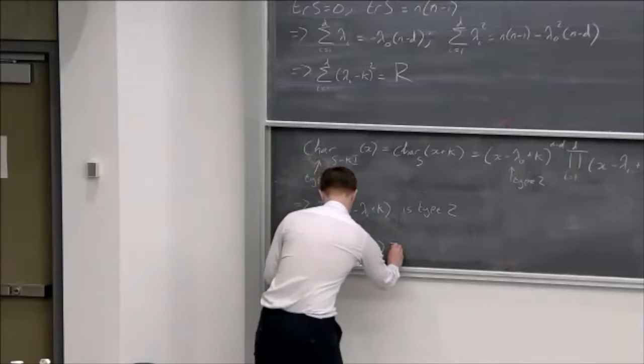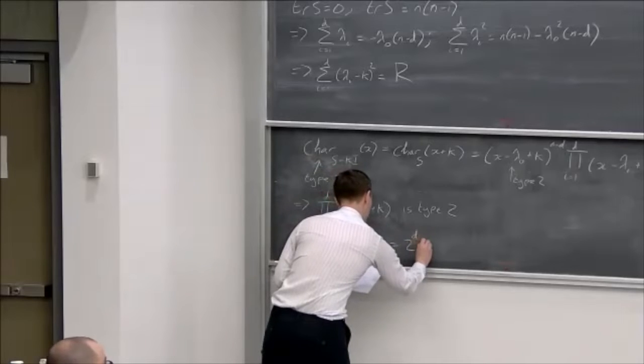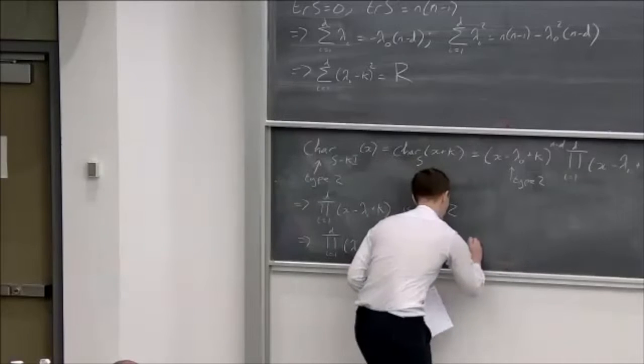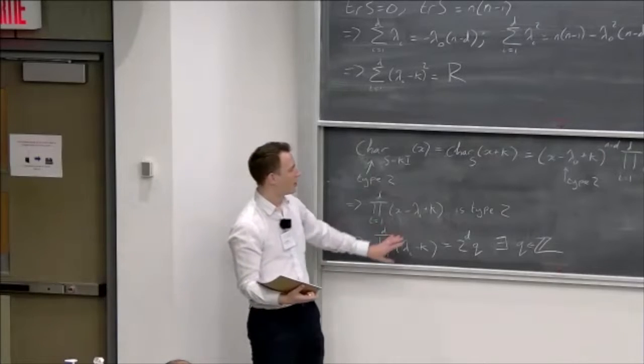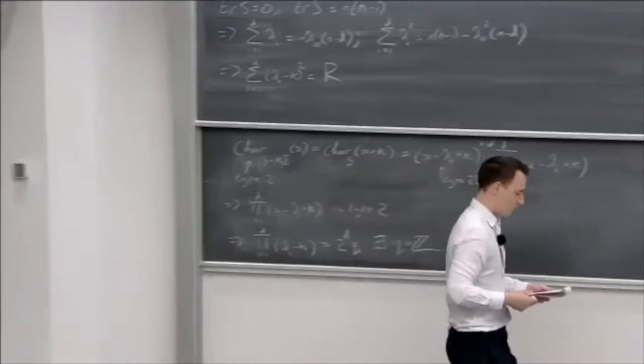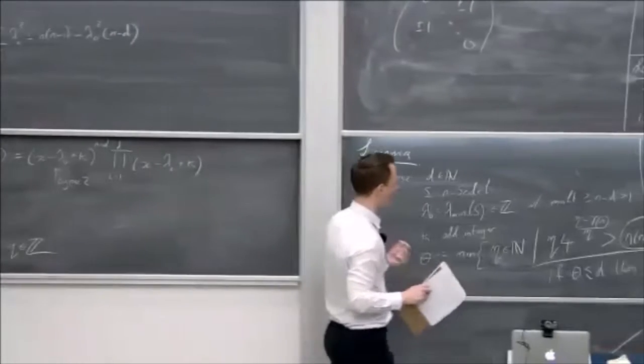So we can write this as 2 to the d times q for some integer q. This is where we're bringing together lots of properties of 2's and characteristic polynomials of Seidel matrices.